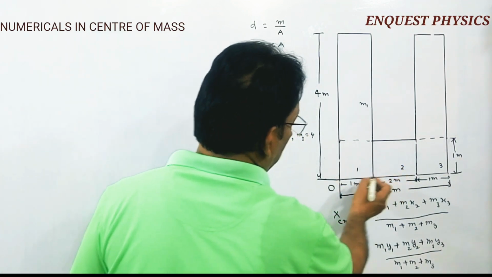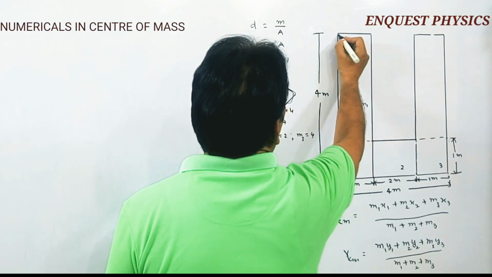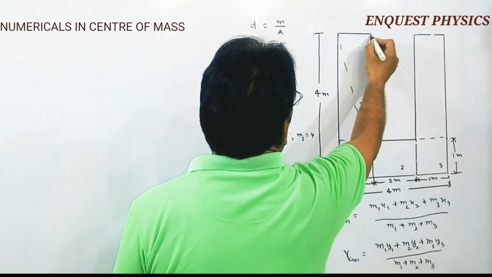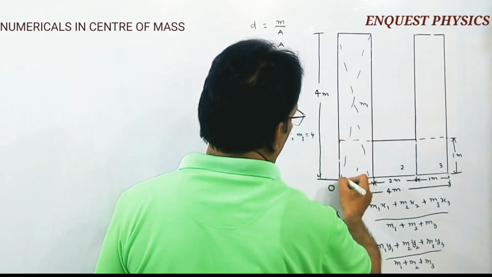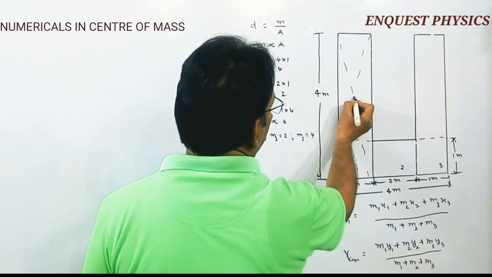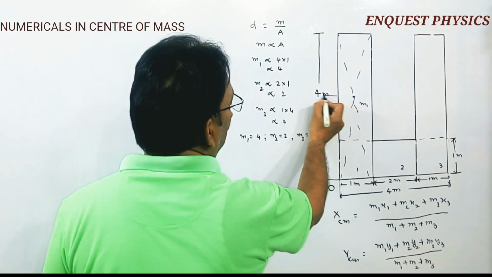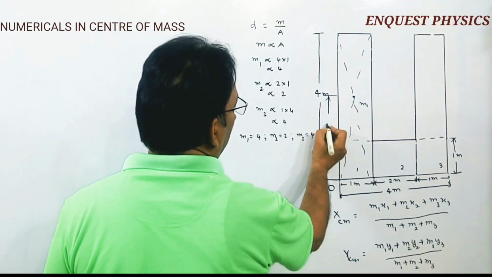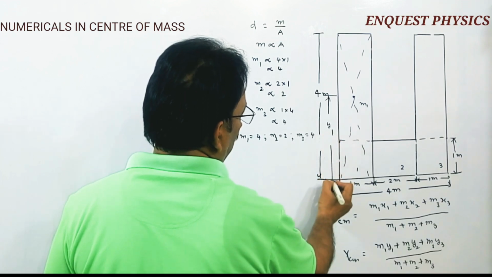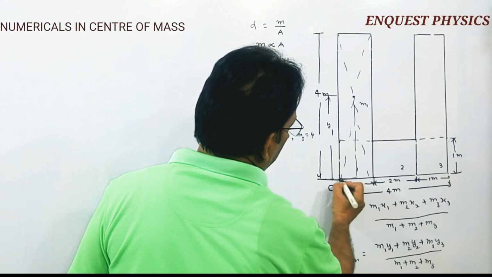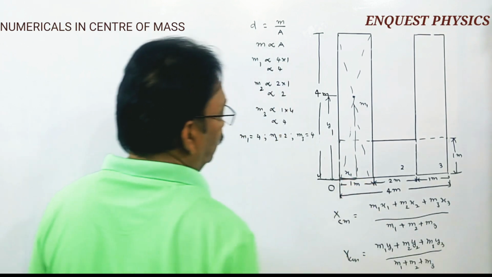If you take this block, see this, we have to find out the geometrical center. Obviously, it is the geometrical center. Okay, students, and it represents the y1. And this distance is x1.